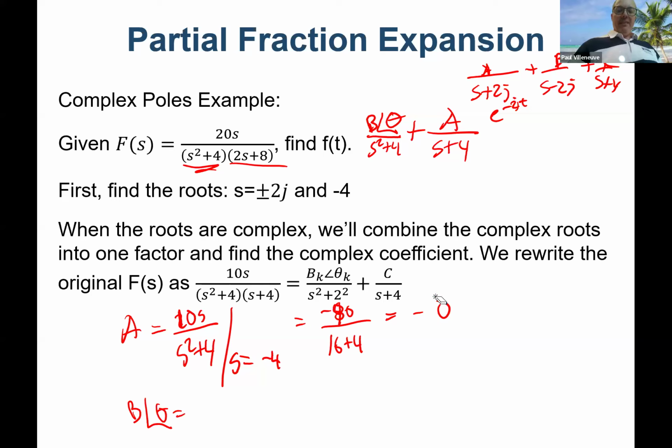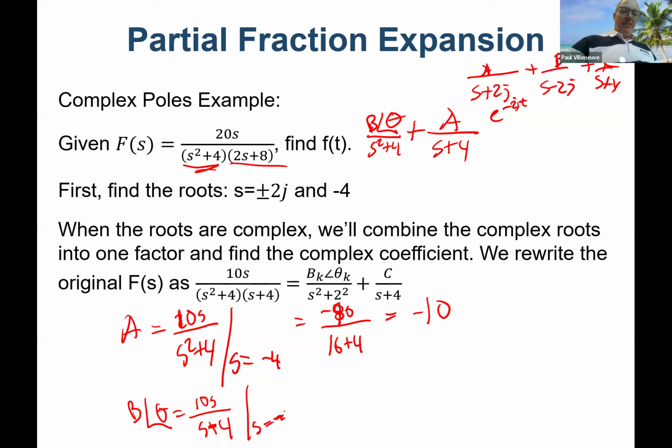That should be 10. So b at an angle of theta is 10 over s, all over s plus 4. We're going to evaluate it at a root, but it's going to be the positive complex root. That should be a plus, there we go.